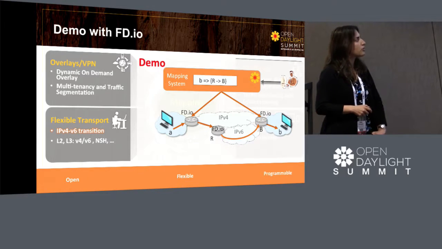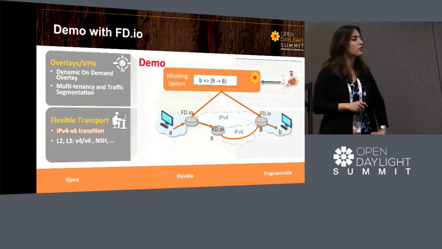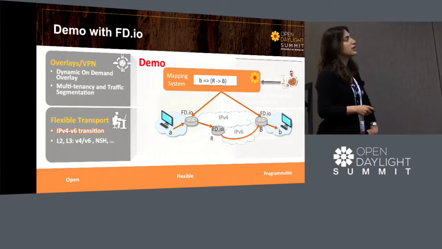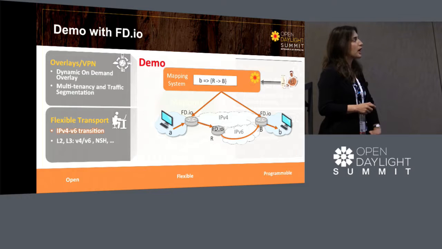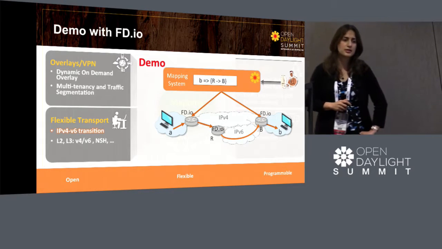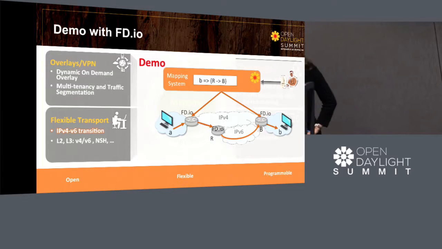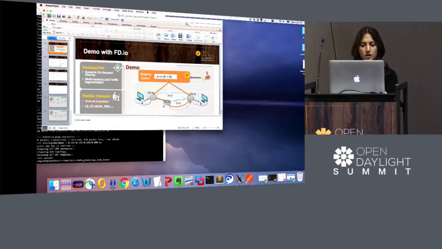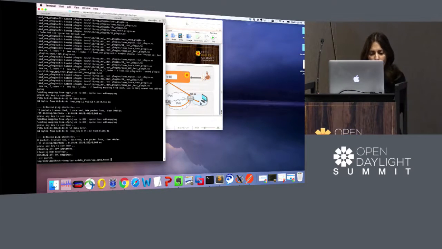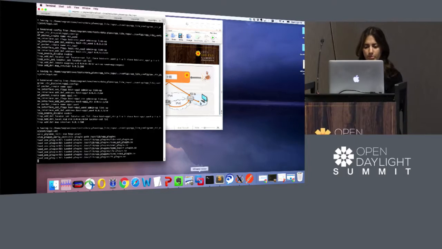We'll do the transition from the v4 to the v6 network for the destination side, and you'll see that the traffic will go through the intermediary hop from the v4-only connected source to the destination. So with that, let me go to the demo and do a quick overview of that.